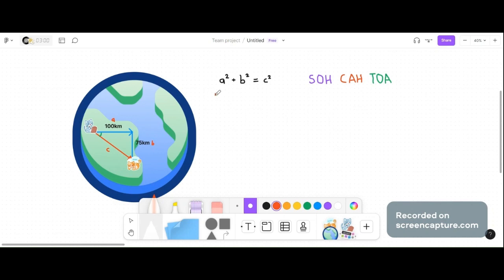So 100 squared plus 75 squared. And so if we put that in our calculator, if you want to put that in your calculator and try it, you'll get 15625.